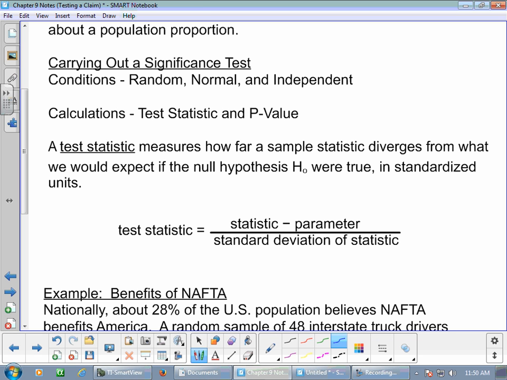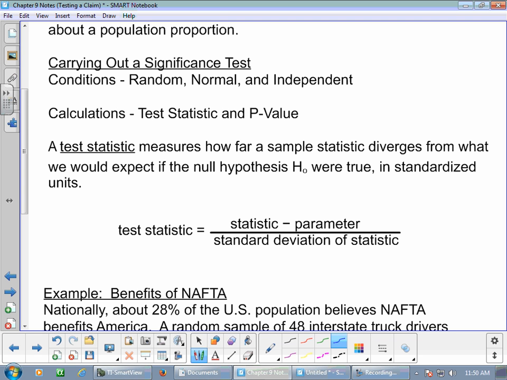Depending on what we're doing, that could take different forms, but essentially this is the case. The statistic could be x bar or p hat. The parameter would be mu or p, and the standard deviation of the statistic is either sigma over the square root of n, or s over the square root of n if we're talking about means, or the square root of p times (1 minus p) divided by n.